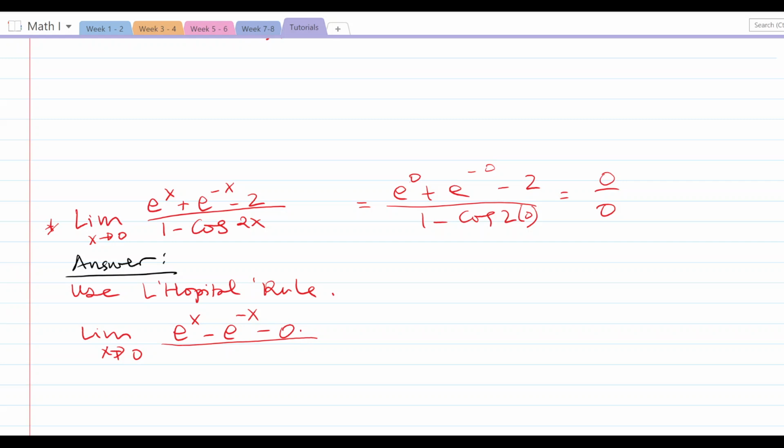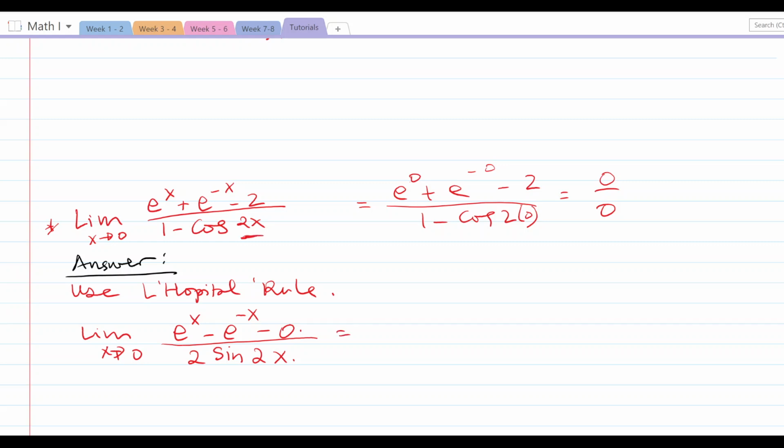The derivative of the denominator: the derivative of cos is negative sine, so negative times negative is positive, therefore 2 sine 2x. The 2 here comes from the inside of the cos.